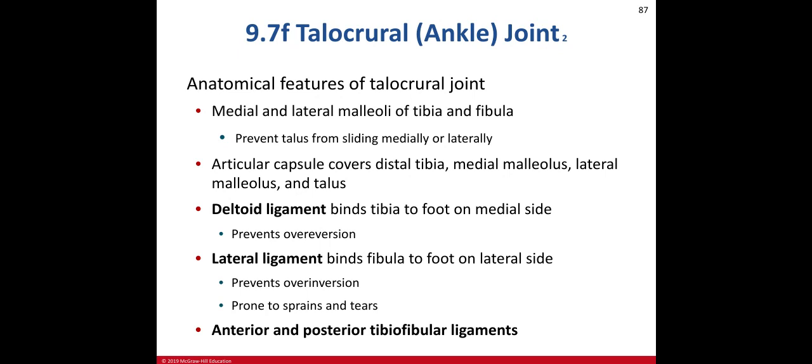Your lateral ligaments prevent the foot from the lateral side from over-inversion. If you get a sprain or a tear, it's most often in that lateral ligament that prevents over-inversion.